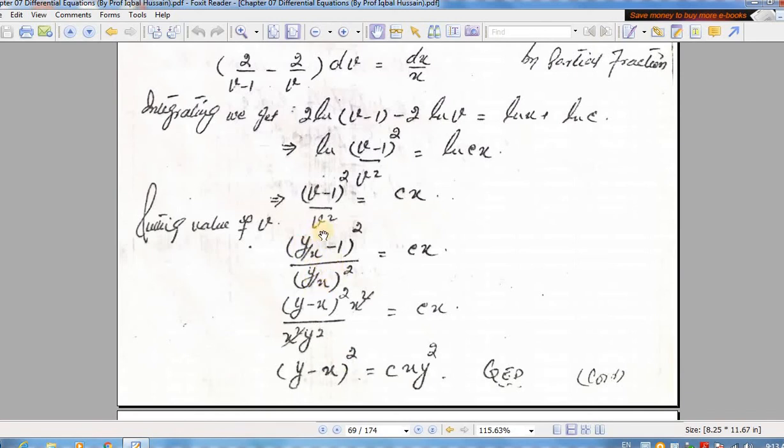Here the denominator x square in the numerator and the denominator will be cancelled, and we will get (y minus x) whole square is equal to cx, and this y square will be shifted here, so this is y square. A little bit of simplification is here which can easily be traced.